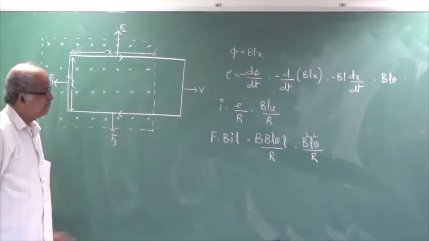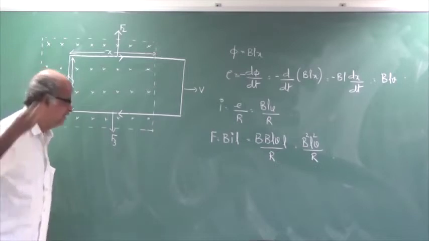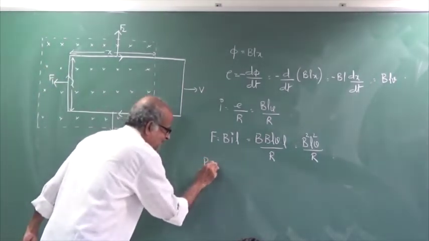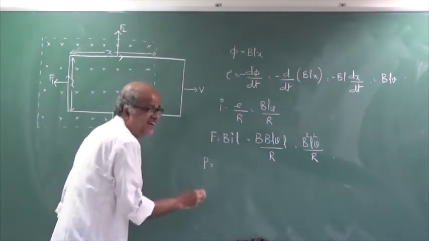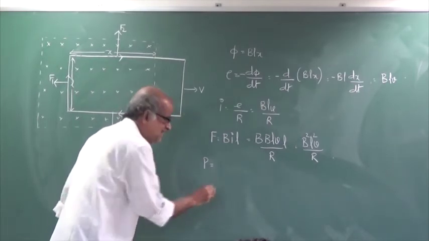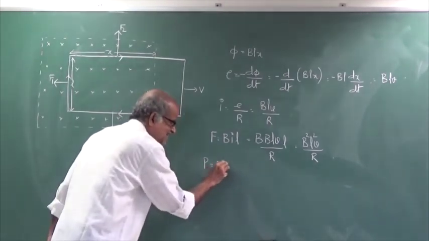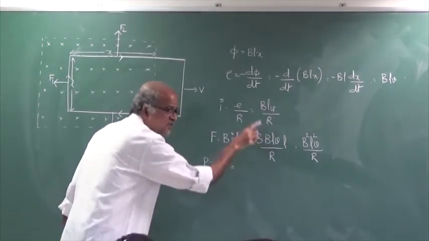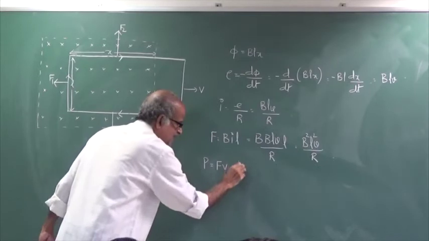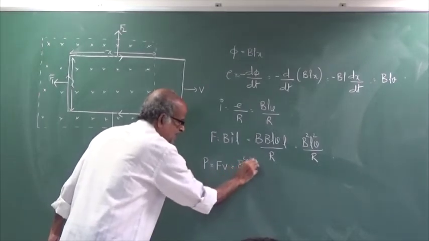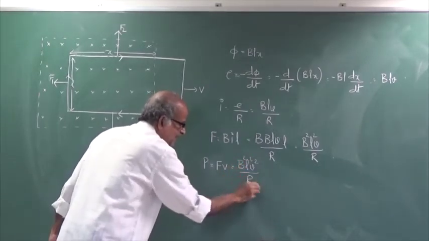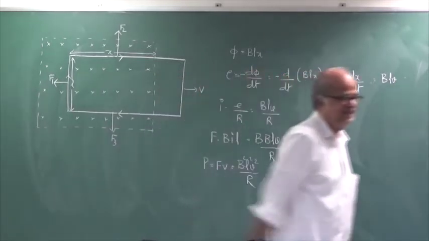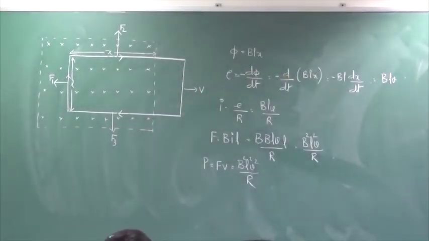What is the power that you need to supply? What is the formula for power? F dot V. In this case, it is B squared L squared V by R into V, which is B squared L squared V squared by R. Will you agree? This is the power, or energy every second, you need to supply. What happens to the energy?